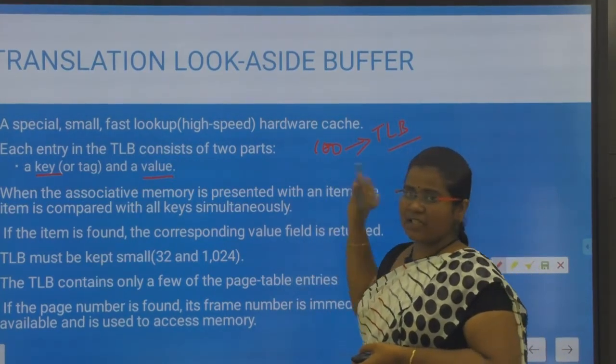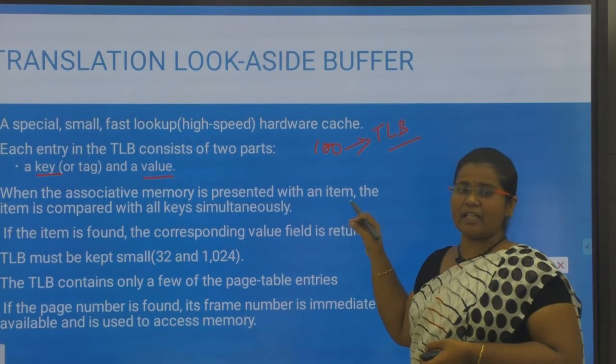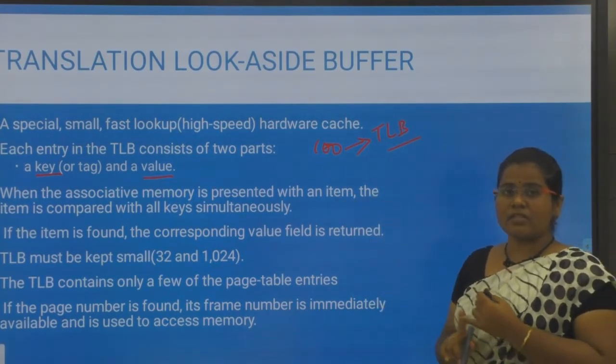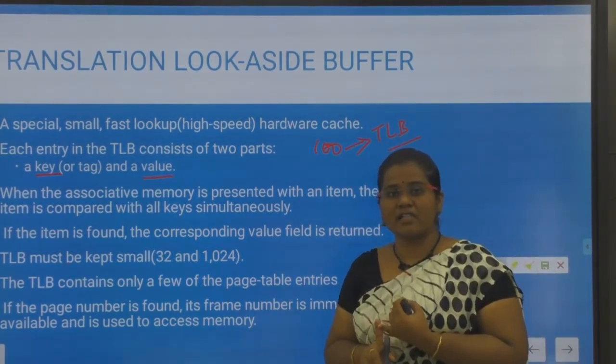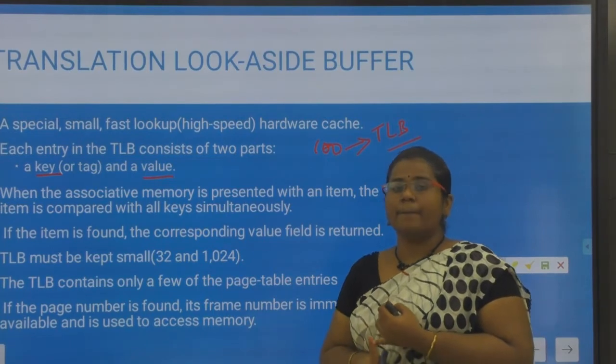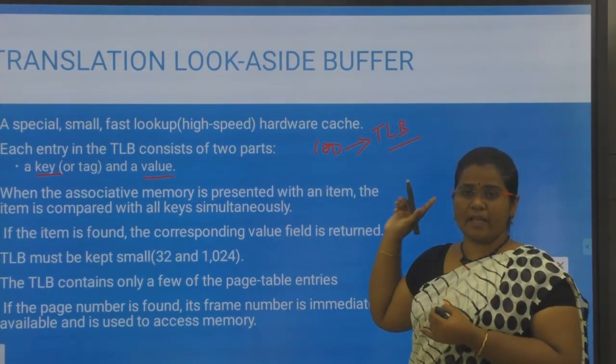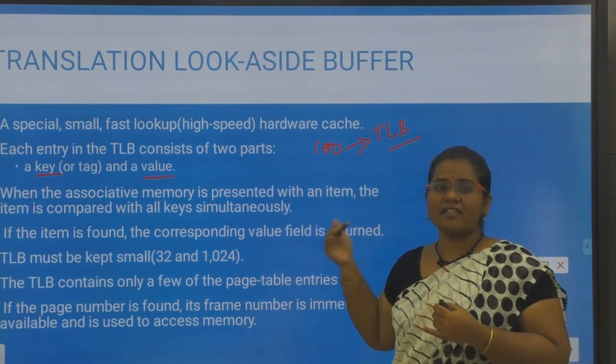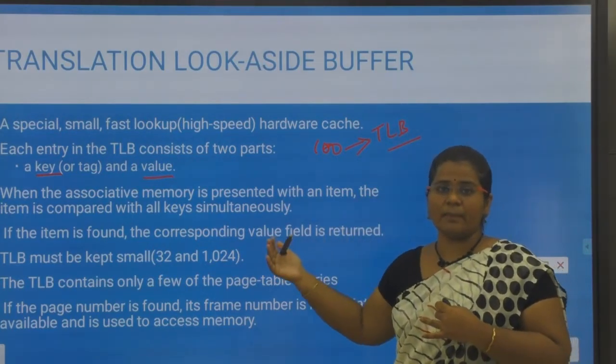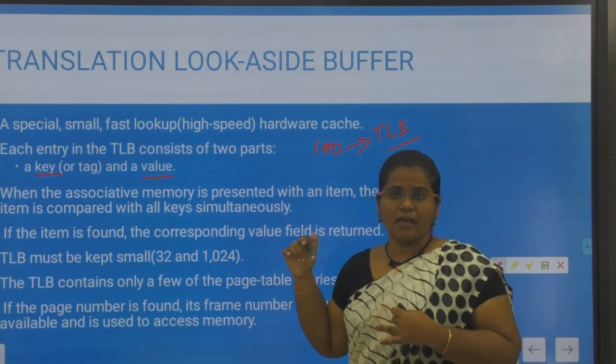This translation look aside buffer is present in your CPU registers. Since CPU registers are the fastest memory access devices, we can get the page number with a faster access time when compared with the page table present in the main memory.